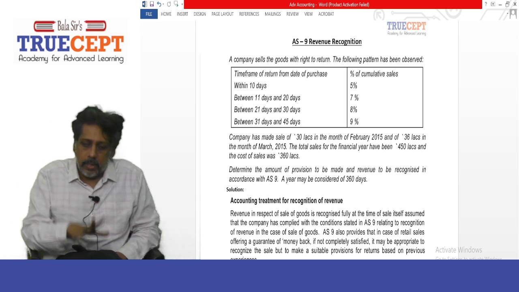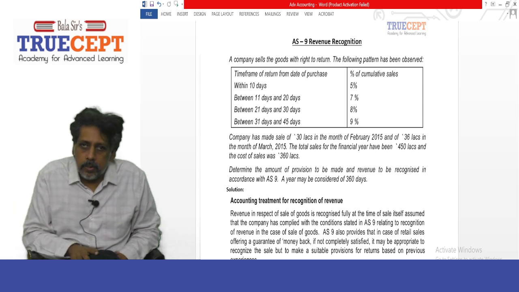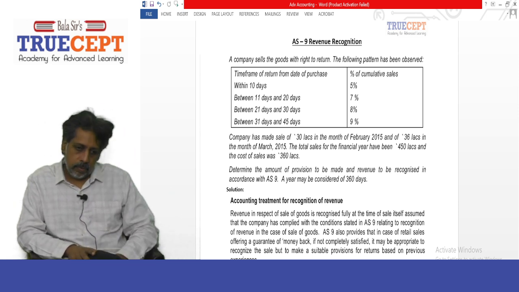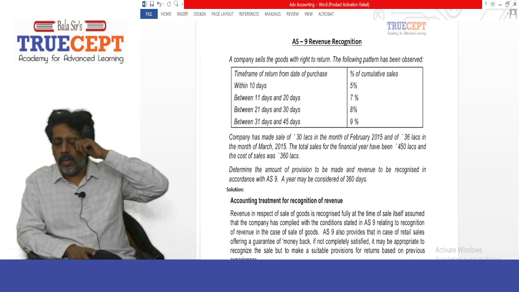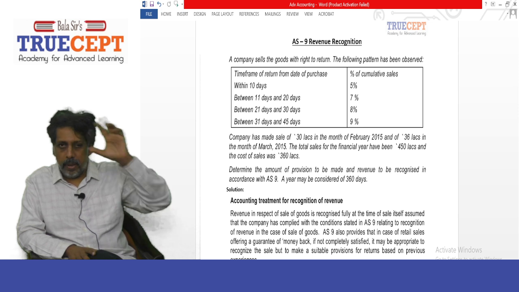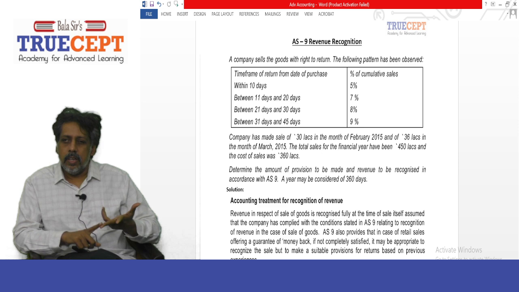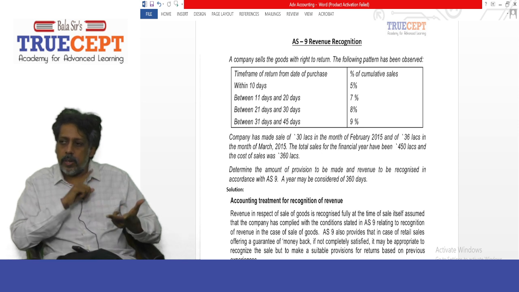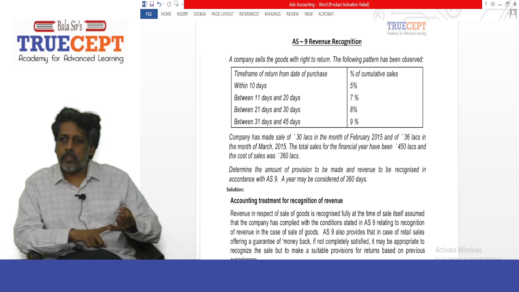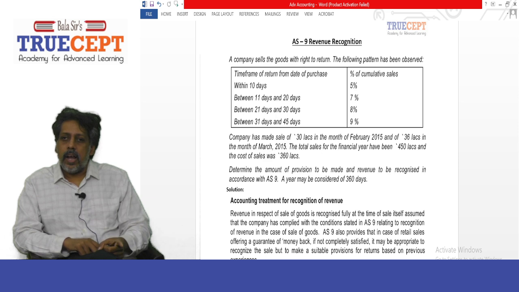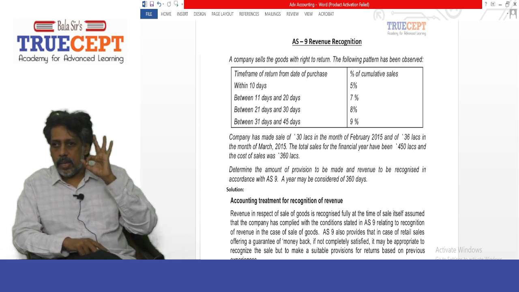Now, what does it mean? When this sum came in the 2015 CA Final examination, people had no clue. They were in a total mess. No one understood the question. What they meant was, the goods are sold between 21st March and 30th March, so you can assume that all goods were sold on 30th March.